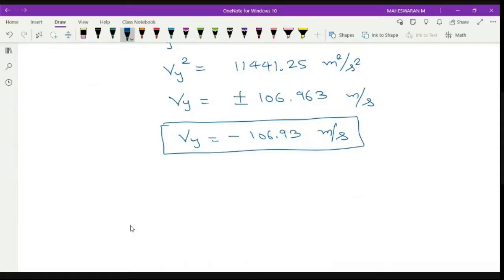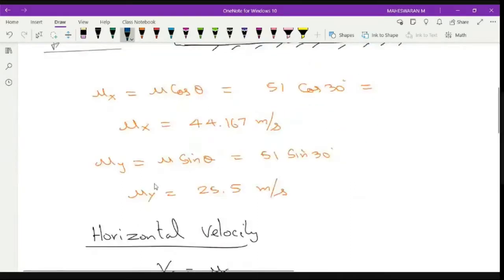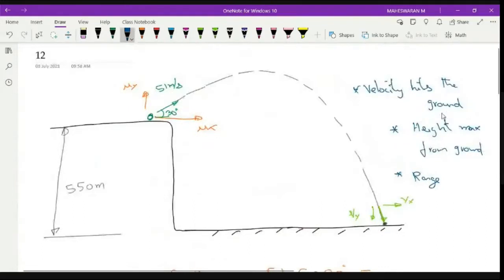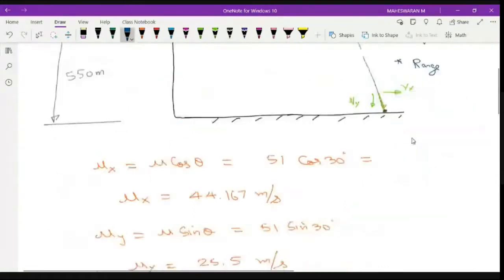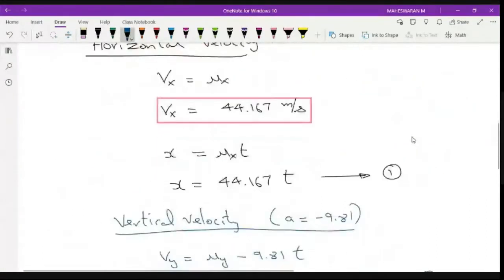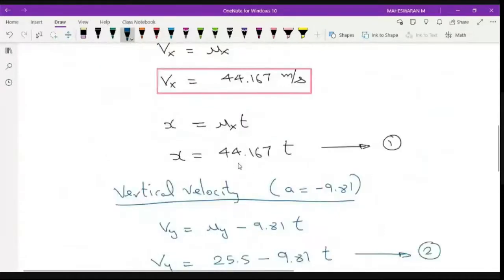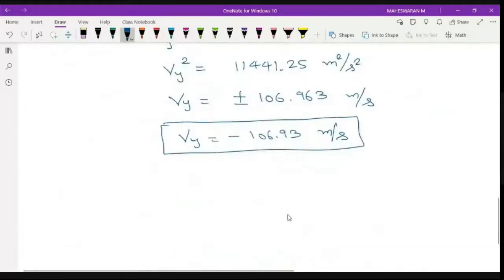Now I have completed the first part, which is the velocity with which it strikes the ground. We know Vx, and Vy, so I can identify that.